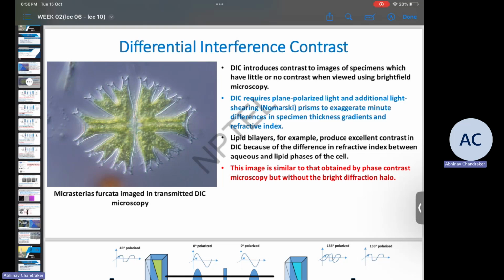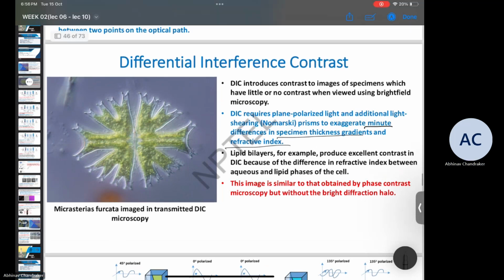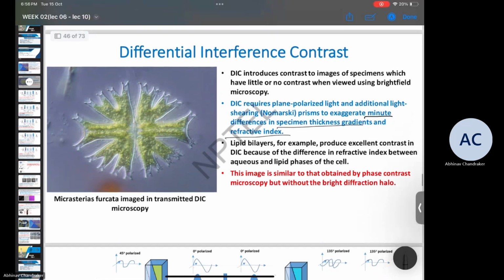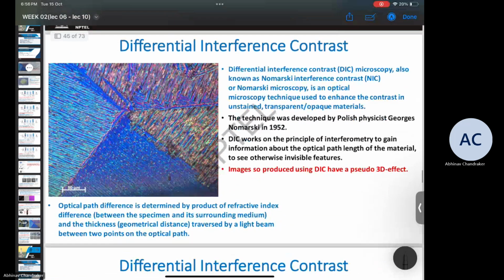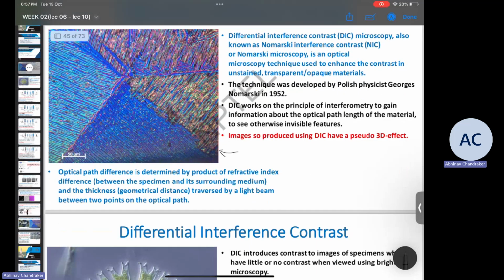So the minute differences in the specimen thickness gradients and refractive indices can be studied. Based on the optical difference between the two rays which go through the specimen, we are able to generate this kind of an image having different colors.